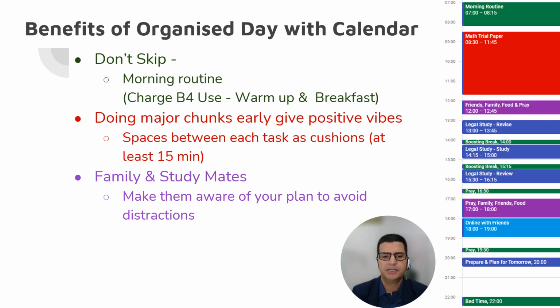The second thing is make sure you have time for the family and study mates, and you spread it around. This is also important when we talk about distraction. Whenever you get a distraction, for example, you put your mobile on silent when you're doing something study related or working on an important thing.